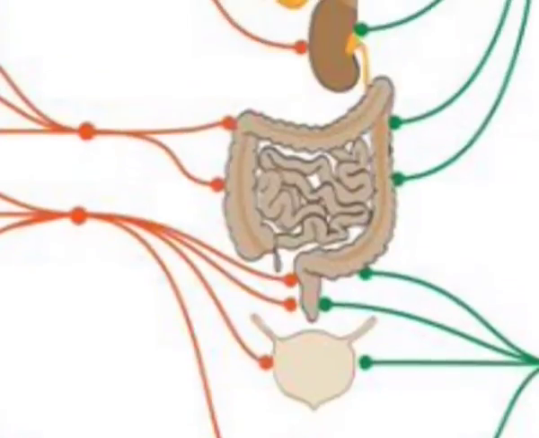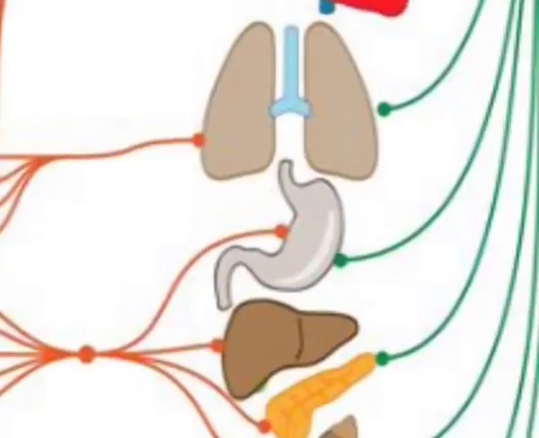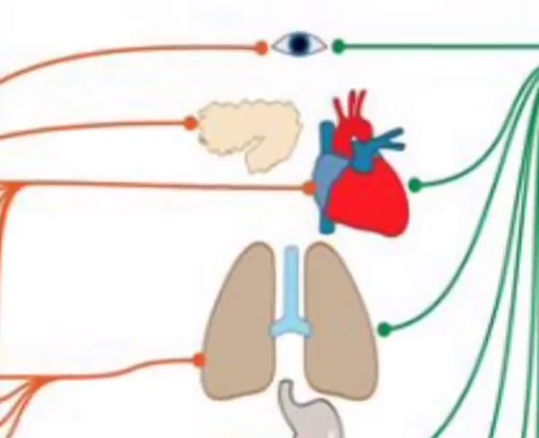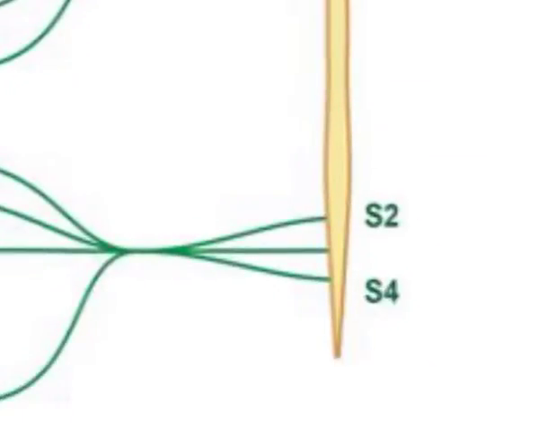The cranial components include the oculomotor nerve, facial nerve, glossopharyngeal nerve and vagus nerve, while the sacral outflow is carried in spinal nerves in the sacrum, S2 to S4, which also act as parasympathetic nerves.